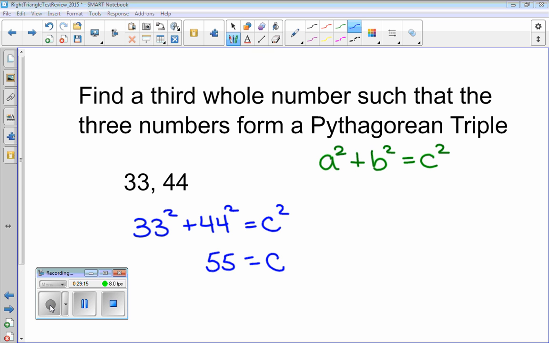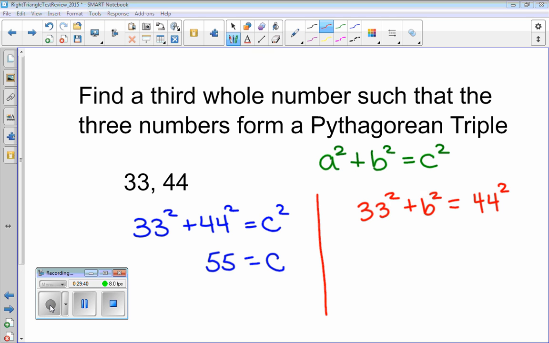If it didn't give you an actual whole number, you would just have to rewrite the equation. A different possible way to write it would be, what about 33 squared plus b squared is equal to c squared, which is equal to 44 squared? We could try that and see if it worked and solve it.